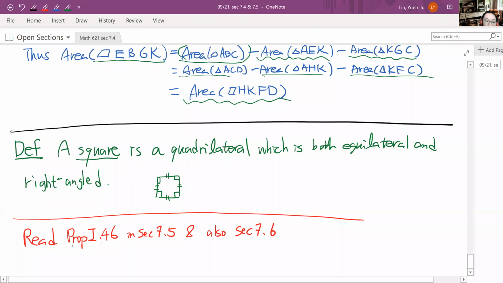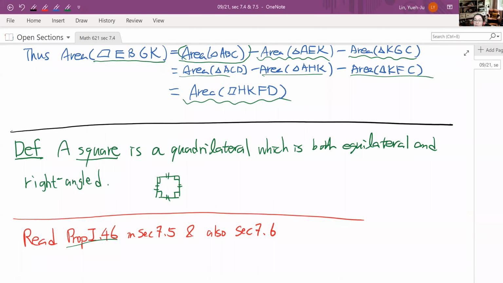The second thing I want to talk about is proposition 46, which is a construction proof: construct a square. That would be the first thing I will do on Wednesday. After that, I'm going to move on to section 7.6, which is essentially the very important Pythagorean identity.